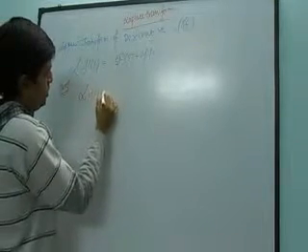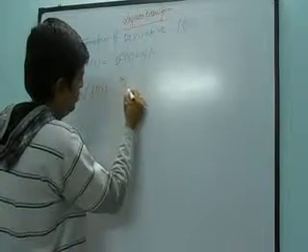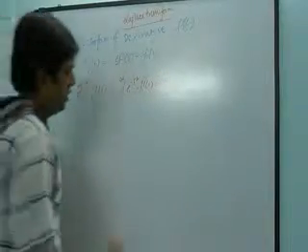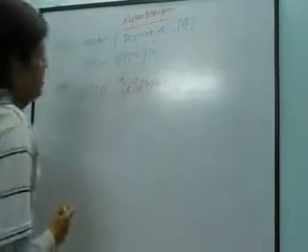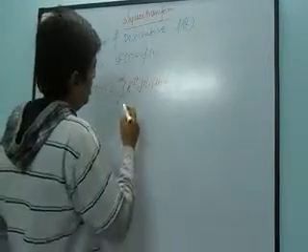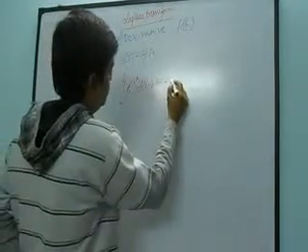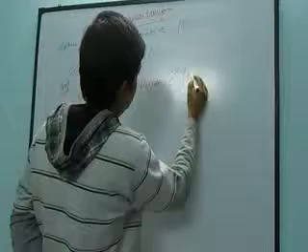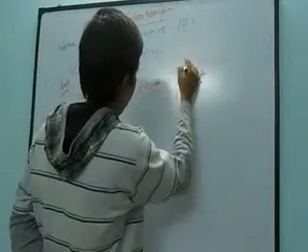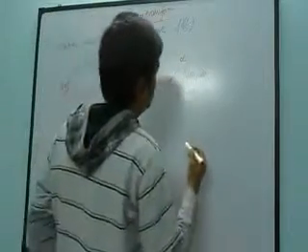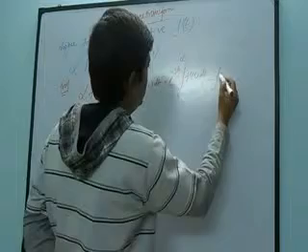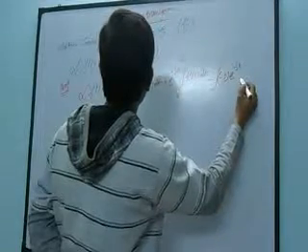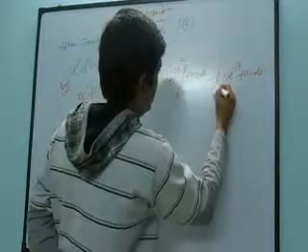The Laplace transform of f dash t is equal to the integral from 0 to infinity of e to the power minus st f dash t dt, which is equal to, it is integration by parts, so it is taken as the first function e to the power minus st, and the integration of the second, that is f dash t dt, from 0 to infinity, minus the integration of the derivative of the first, minus s e to the power minus st, and the integration of the second, dt from 0 to infinity.